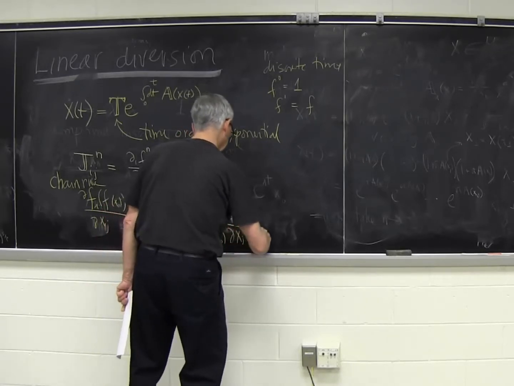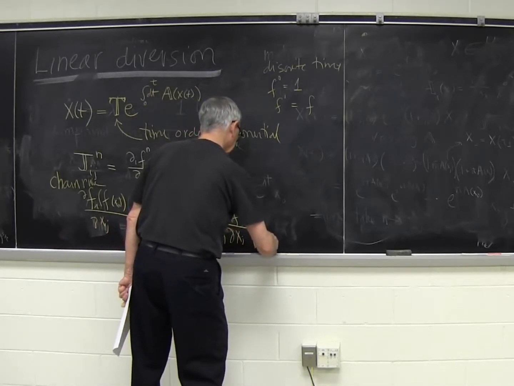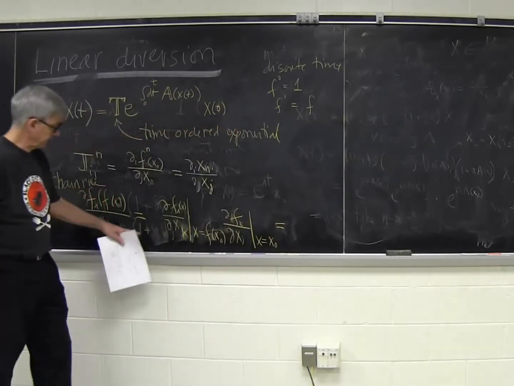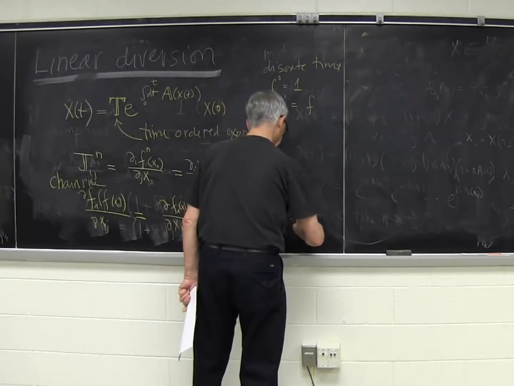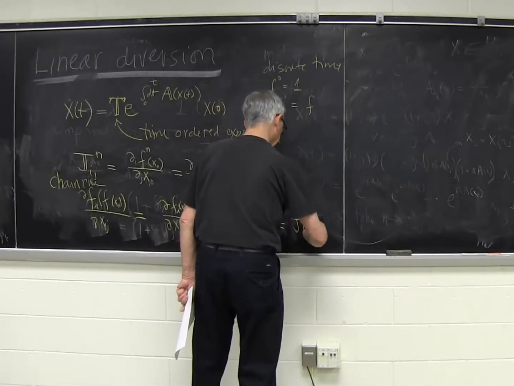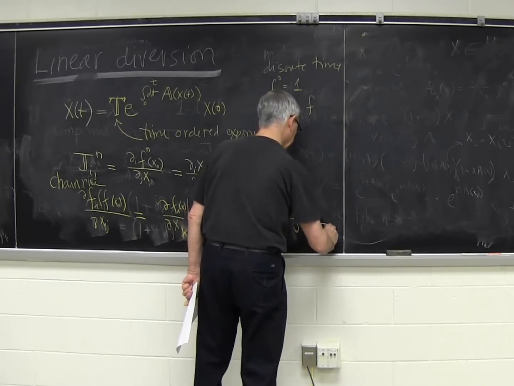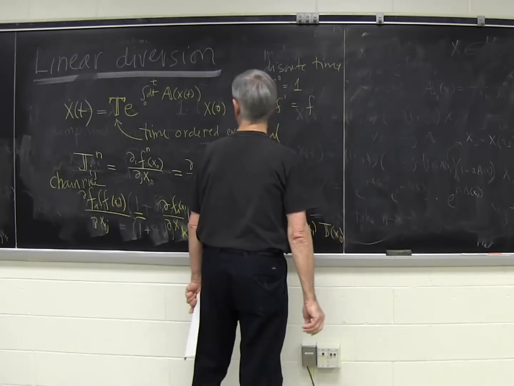But this one is evaluated at this argument, at x equals x0, the initial point. And I recognize this as the one-step Jacobian in time. So this is the one-step Jacobian evaluated with x1 as initial point, and the one-step Jacobian with x0 as initial point.